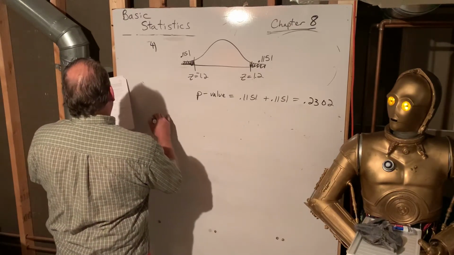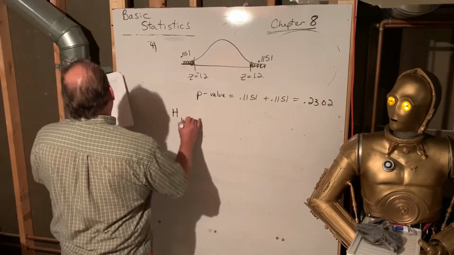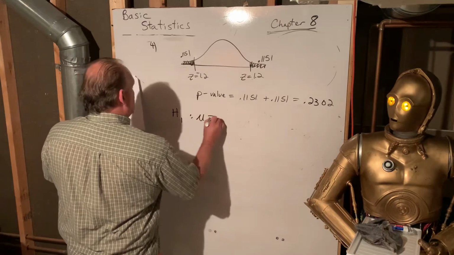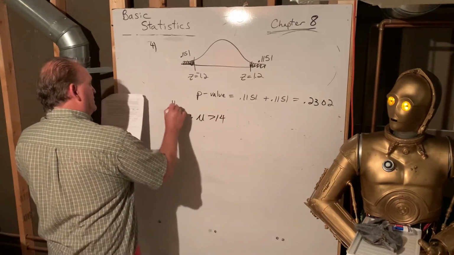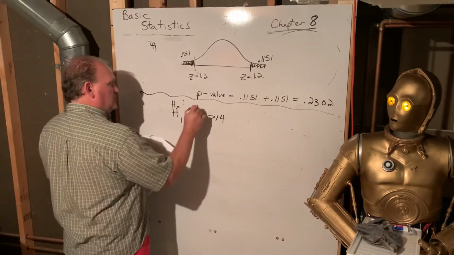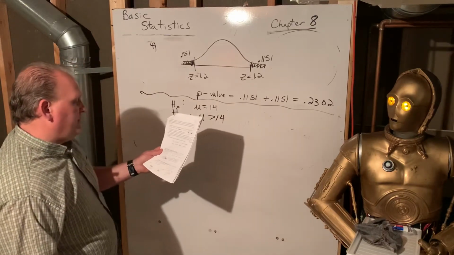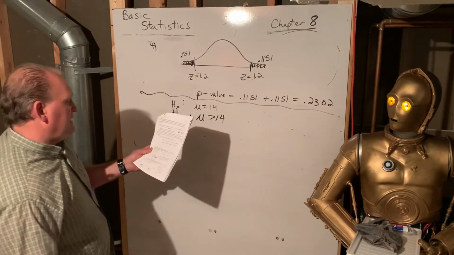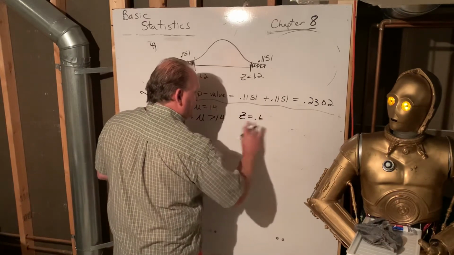There was a little typo on the notes on page 7 there. Example, suppose my alternative hypothesis, so that should say H sub 1, not H dot, is greater than 14, so it's a one-tailed test, so the null will make into equals 14. The alternative is greater than 14, and the z-score is 0.6. What is the p-value?